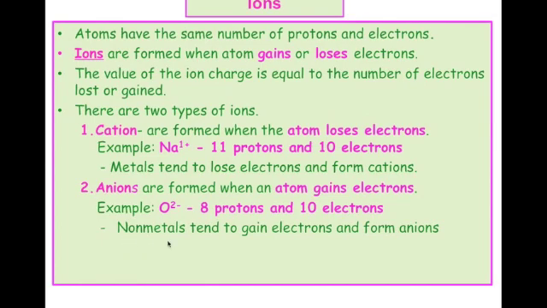Elements that are nonmetals tend to gain electrons and form anions. Another way of determining the charge for an ion is by using this equation. You will always subtract the number of electrons from the number of protons.